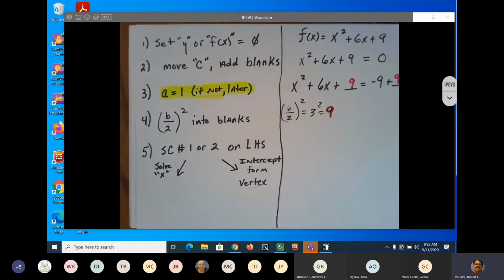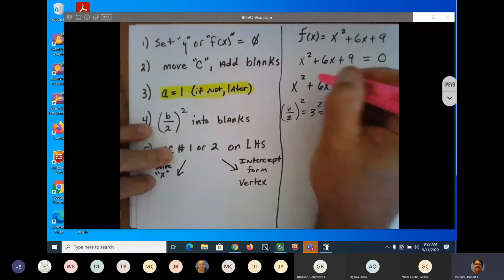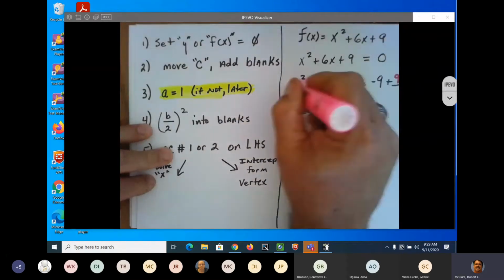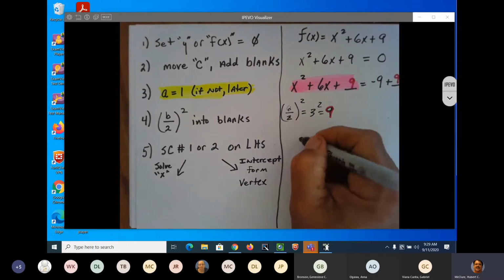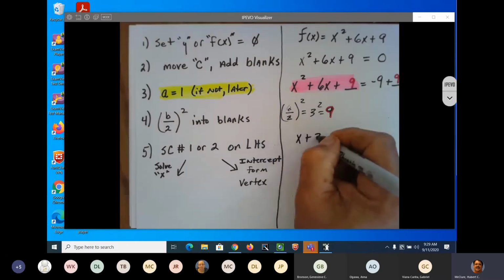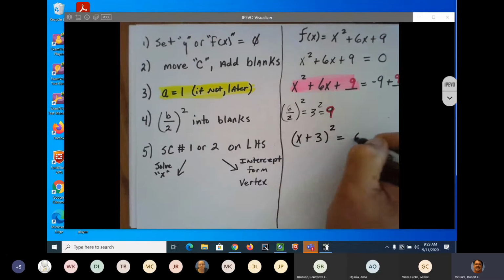All right. So on this side, and I'm going to mark this in pink, which means if I use pink or red, that means it's important. This side right here becomes, after you add the blank, shortcut number 1 or 2. And it's number 1. So write it. That's going to be x plus 3 quantity squared is equal to 0.